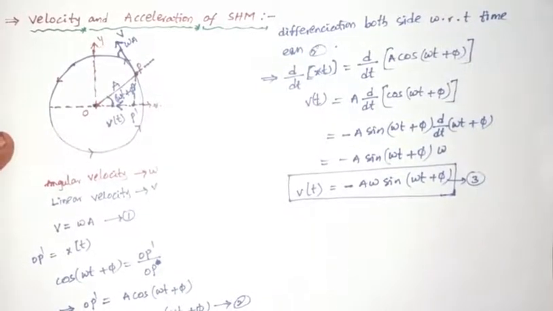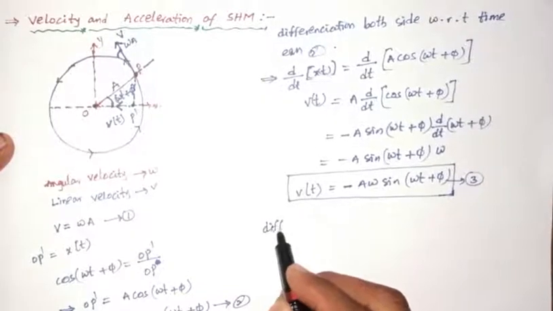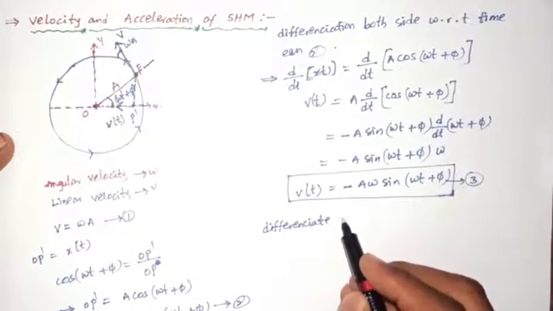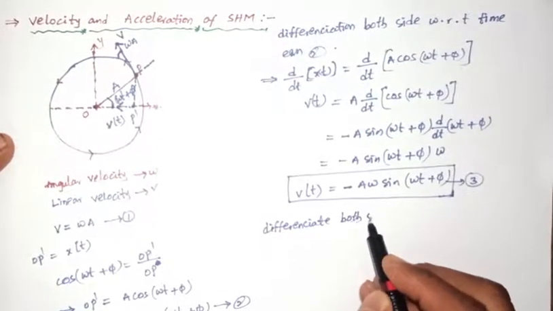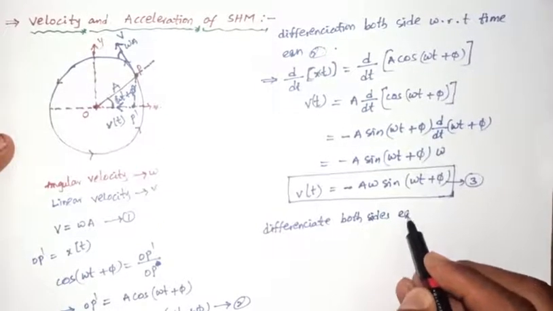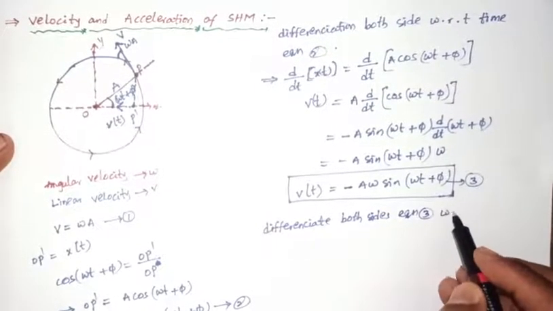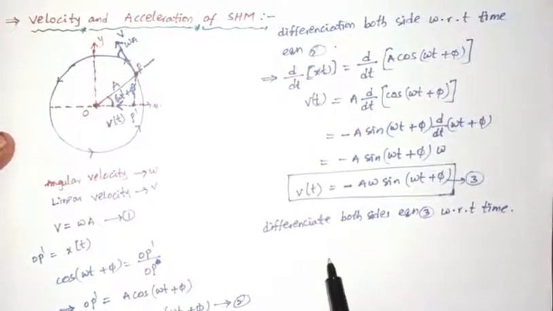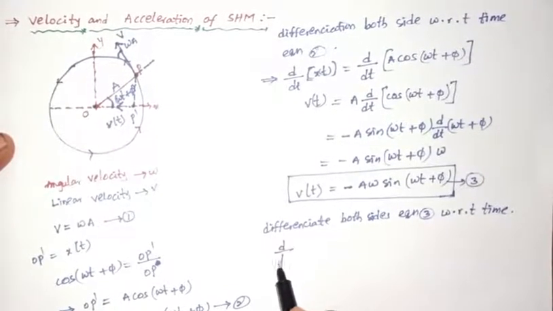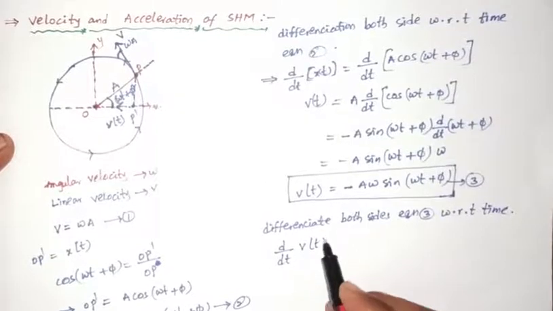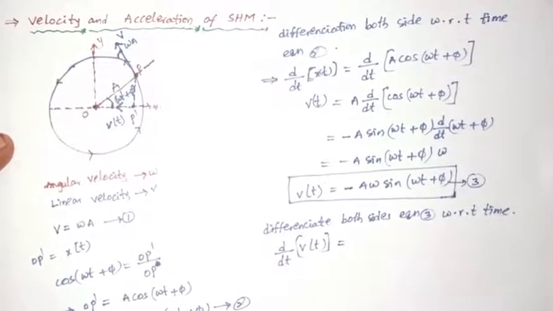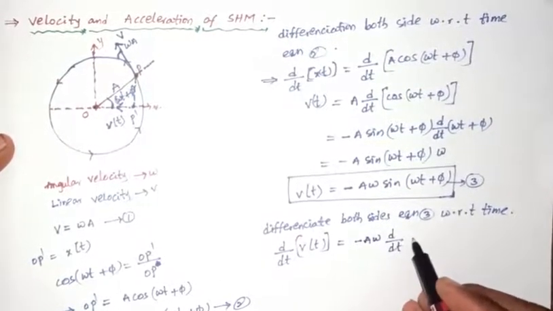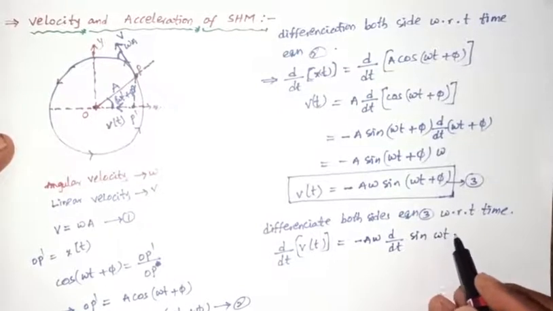Again we differentiate both sides of equation number 3 with respect to time. So d by dt of v of t equals minus A omega, which is constant, times the differentiation of sin omega t plus pi. Differentiation of sin omega t is cos omega t plus pi.